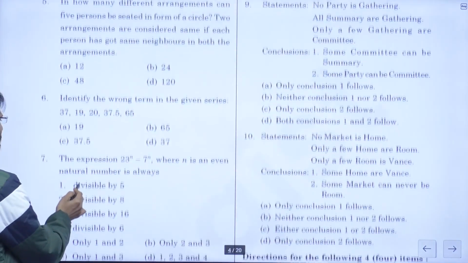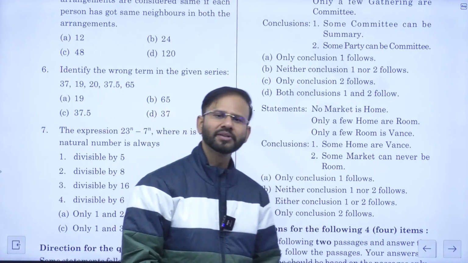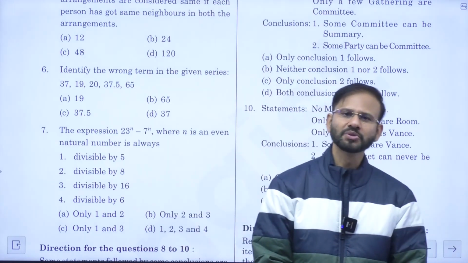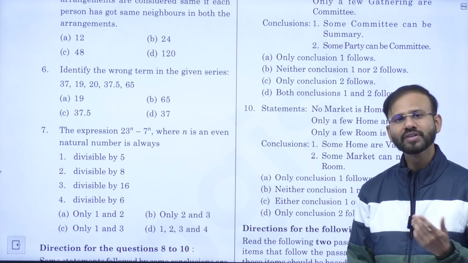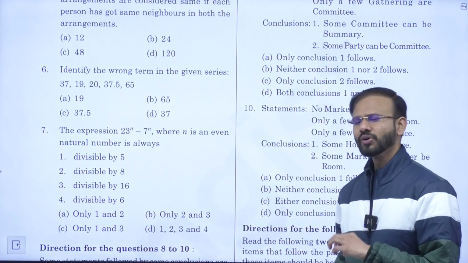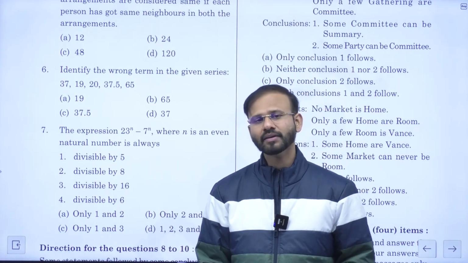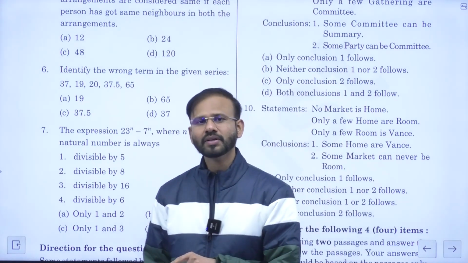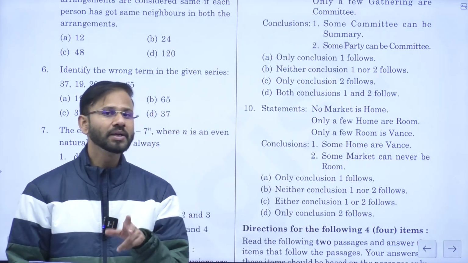Question number 7 says, the expression 23 raised to the power n minus 7 raised to the power n, where n is an even natural number, is always divisible by what? We know that a raised to the power n minus b raised to the power n, where n is an even number, is always divisible by a minus b and a plus b both.